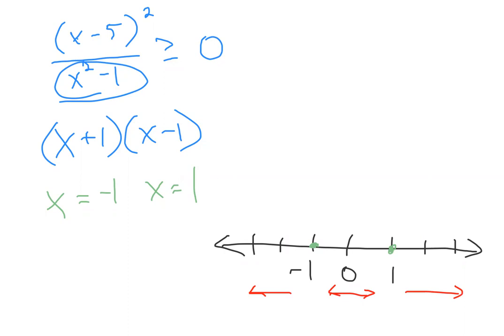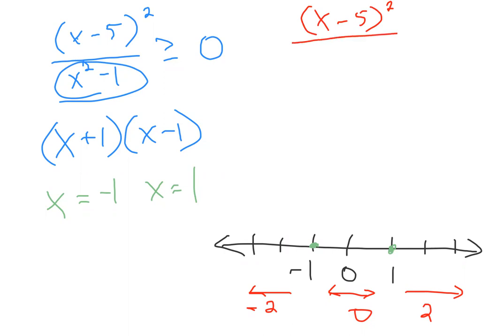So I need something to the left. So I see -2. I need something between -1 and 1. So I see 0. And I need something to the right of 1, which I see is 2. So I'm going to test this. And I'm going to plug in these numbers.